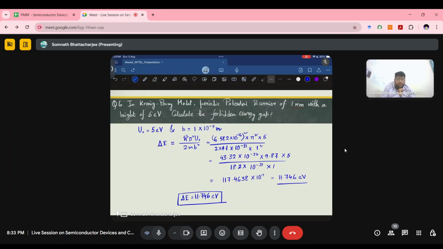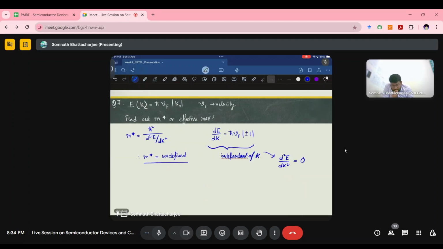So if any of you have any questions, please go ahead. Sir, in the seventh question, why are we taking the k value as plus or minus 1? Because it's inside this, right?